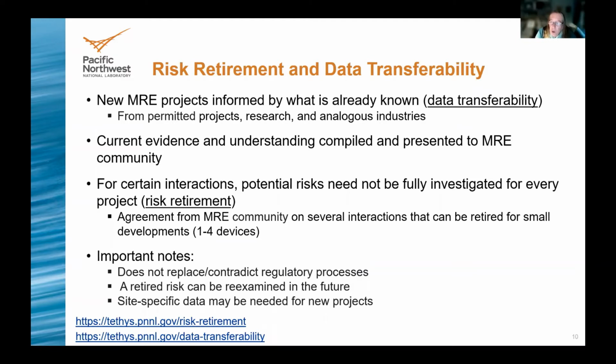We have worked with the expert, research and other communities to really look at whether we can retire some of these risks for small developments. And by this, we mean approximately 1 to 4 devices. We're not talking about large arrays at this point, but we're trying to move towards that. But we need to really establish this baseline of what we understand of interactions with small devices.